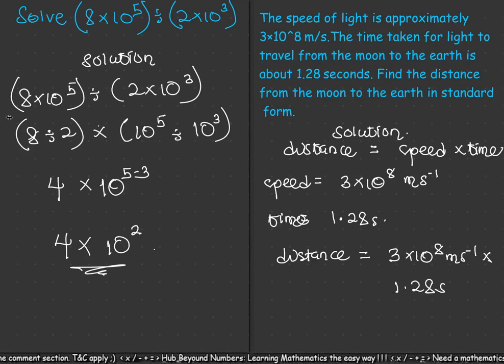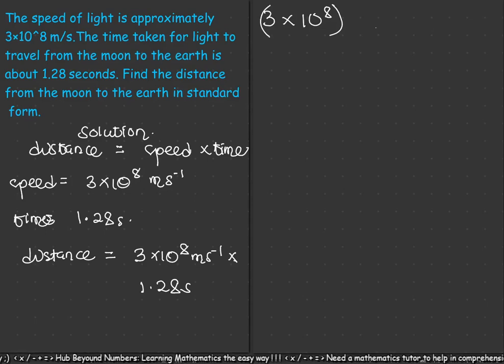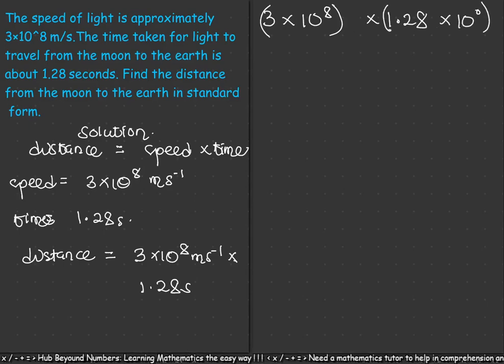If you have to rewrite it in the normal form we have solved so far, it is our 3 times 10 to the power 8, then times 1.28. We see there is no power of 10, so we can even say times 10 to the power 0 because there is no power of 10.